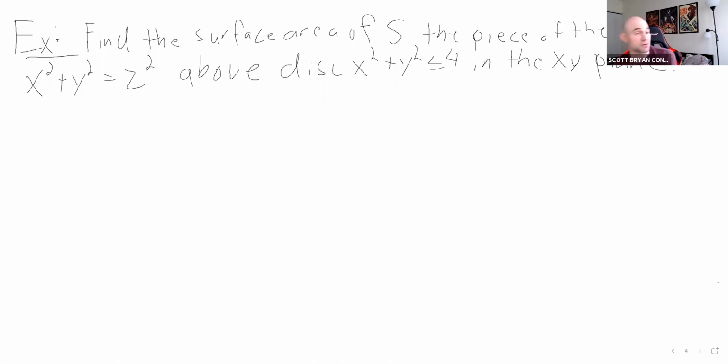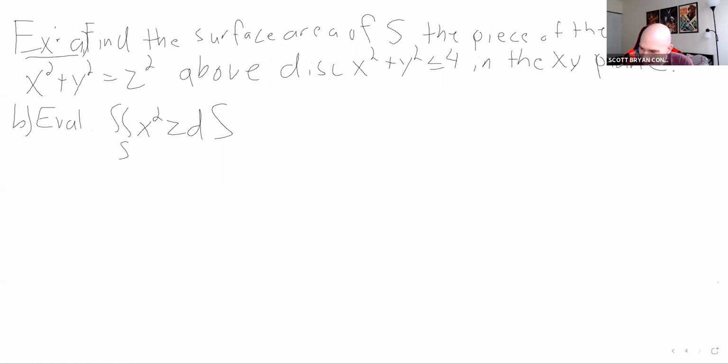So that's our first task: find the surface area of this guy. Number 2, then we want to evaluate the integral over S of x squared z with respect to surface area.